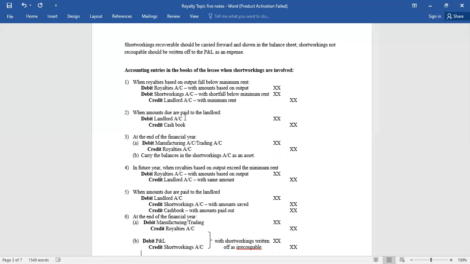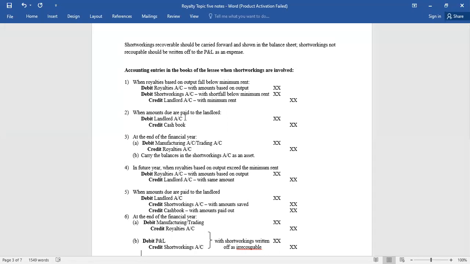When the royalties based on output fall below the minimum rent, we are going to debit the royalties account with the actual output, and the deficit will be our shortcoming. So we are going to debit the shortfall of the minimum rent, and we are going to credit the landlord account. So the landlord will be getting the minimum rent.